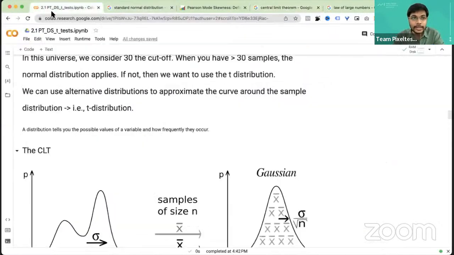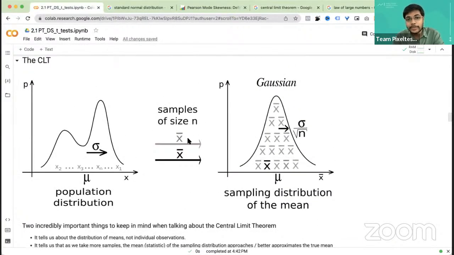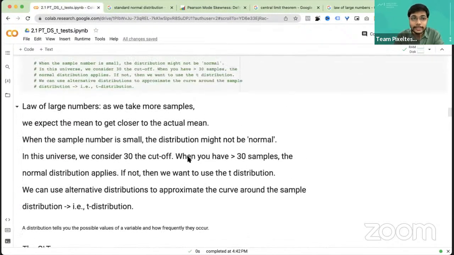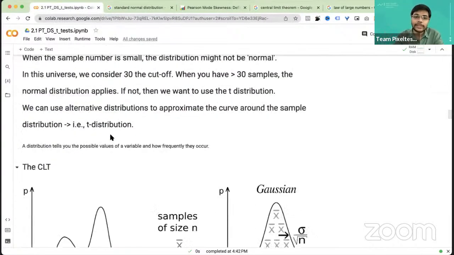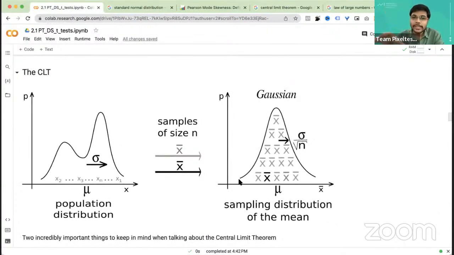I think there's a diagram also here. The central limit theorem says that if you take many samples, get each sample's mean, and make a graph out of it, then in the law of large numbers more samples get you closer to the actual mean, that is clear. But if you plot a graph of all the samples you're getting, it will be a normal distribution, right?